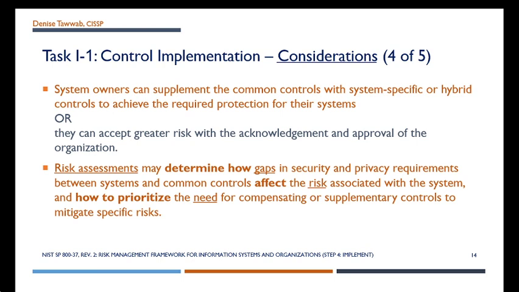And that has to be signed off on by the authorizing official. Your risk assessments may determine how gaps in security and privacy requirements between systems and common controls affect the risk associated with the system, and how to prioritize the need for compensating or supplementary controls to mitigate specific risks.